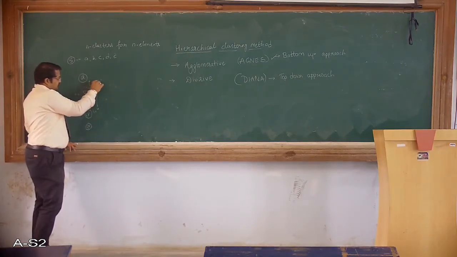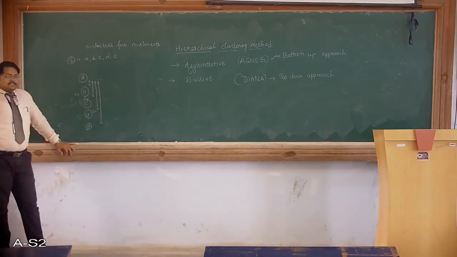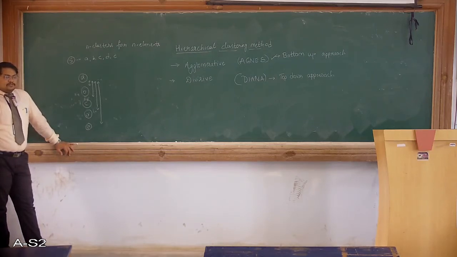The pair with the nearest or smallest distance is grouped first.